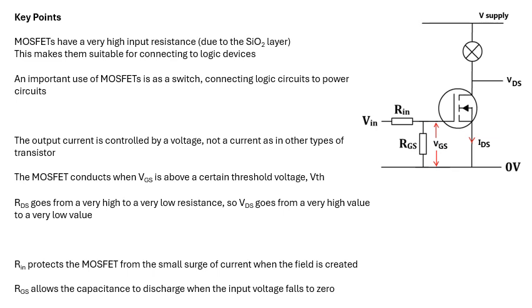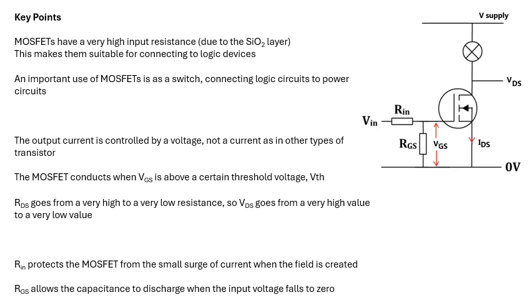So we've covered an awful lot in this video. It's quite a long video. Here are the key points. MOSFETs have a very high input resistance. That's because of the silicon dioxide layer. Yeah, it's a very good insulator. This makes them suitable for connecting to logic gates.